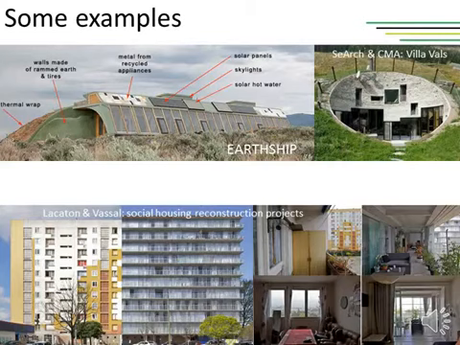Thermal solar heating and cooling, then solar and wind electricity, then they contain sewage water treatment, then they are built with natural and recycled materials. They have water harvesting and food production.